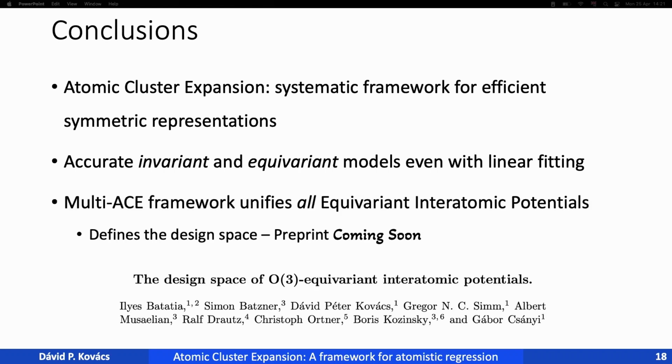And this multi-ACE is something where there will be a series of papers, but the first one is something that we are just waiting for the co-authors to read through one last time before we put it up. In this paper, we set out all of the theory of how to go beyond a single layer ACE and how this unifies basically all O3 equivariant interatomic potentials that people have done before.